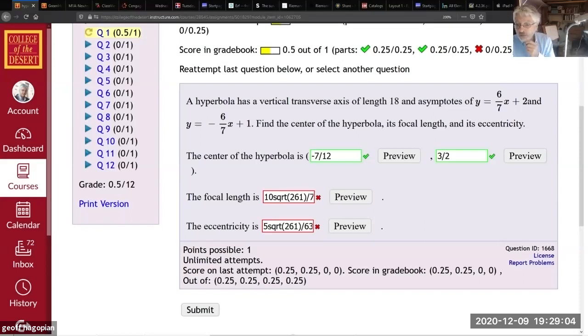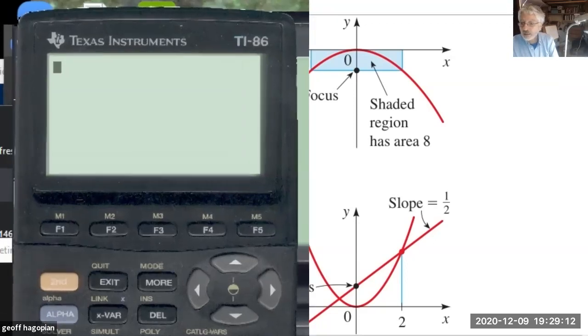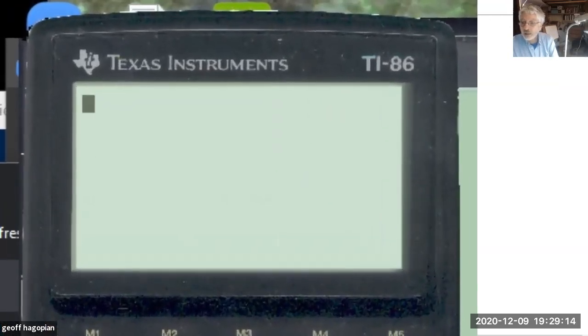So let's try recomputing that with the calculator. And I think I want to make that larger, don't I? Yeah. So what do we have? We have A is 9. So I'm going to just store that into the variable A, okay?